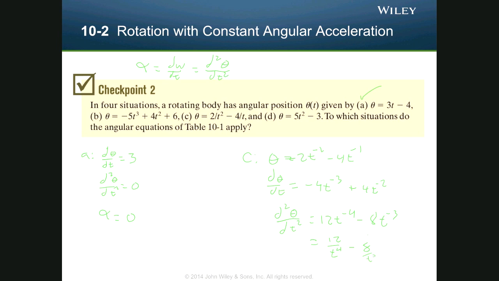So that's not going to be constant. So C is definitely no. D, it's easy to see with that second derivative, you'll still have a t term, so you can cross that out. But you have a t squared term here, and if you take the second derivative, it will just be 10, I believe. So that will work out.